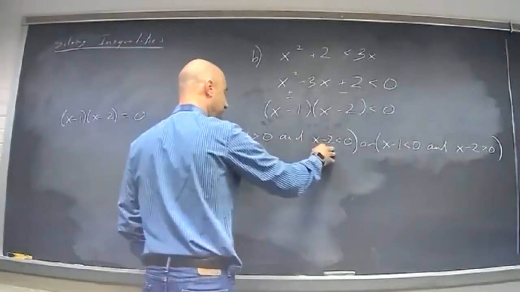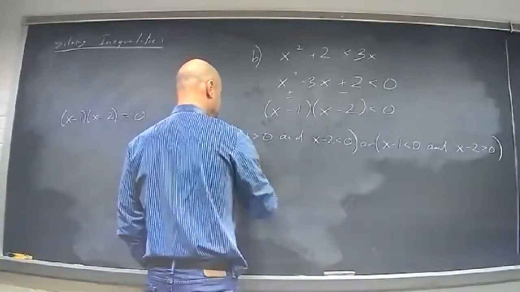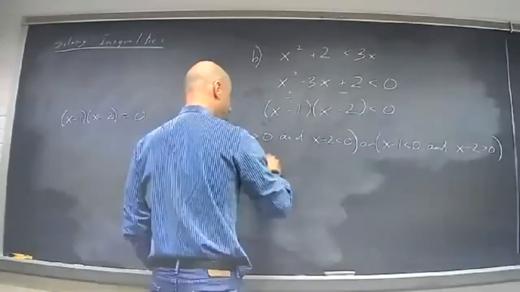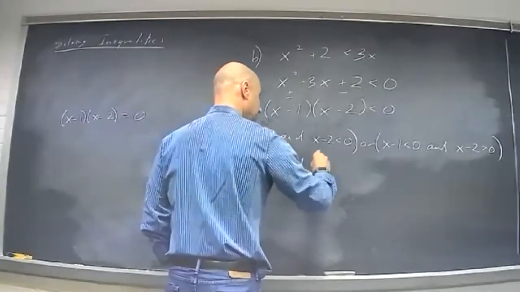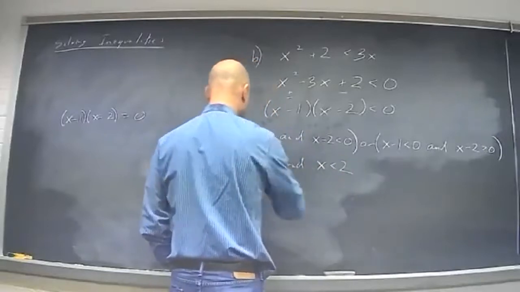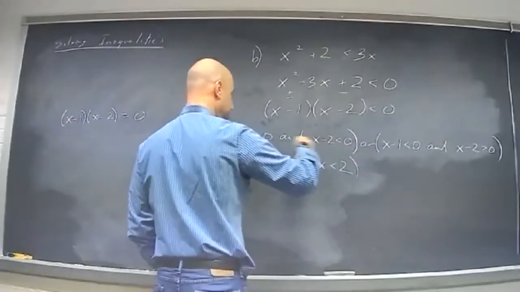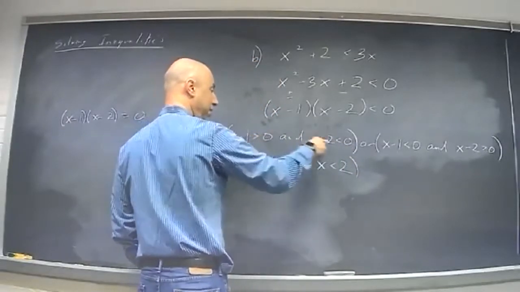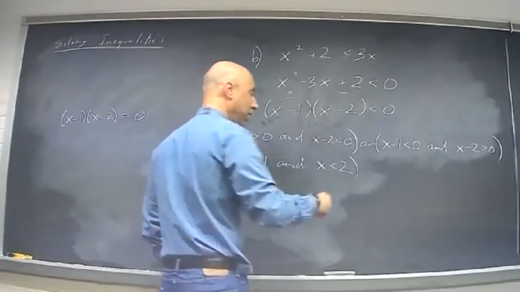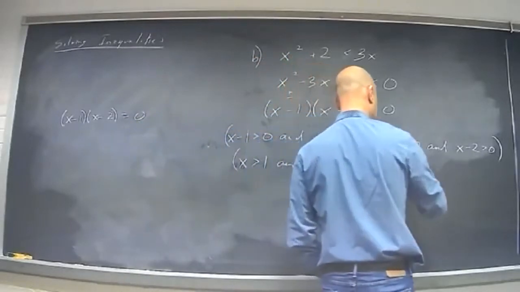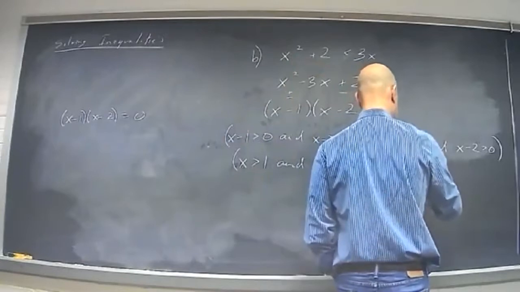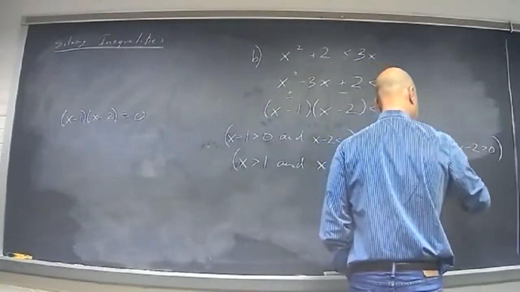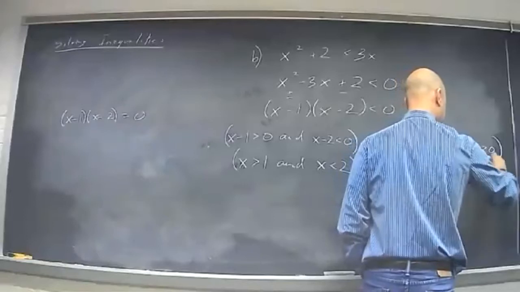Let's have a closer look at this. So this says x is greater than 1 and x is less than 2. Just adding the 1 to both sides here and adding the 2 to both sides here. Or x is less than 1 and x is greater than 2.